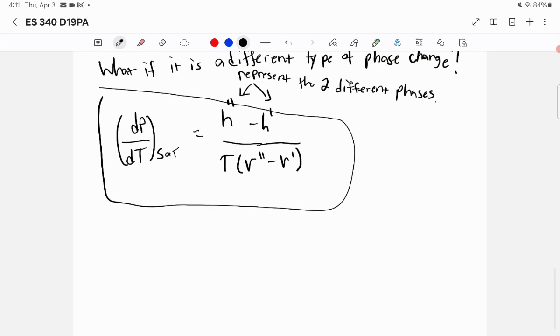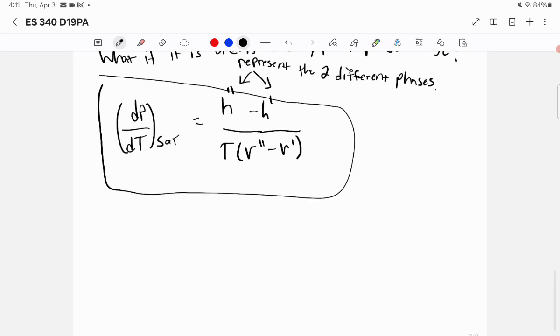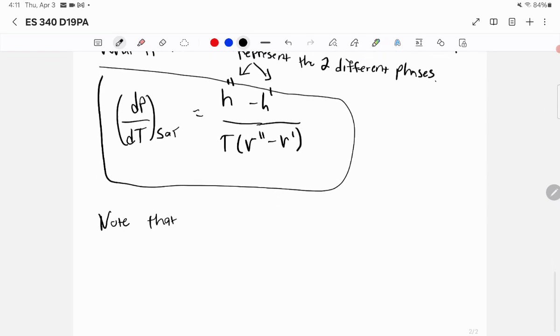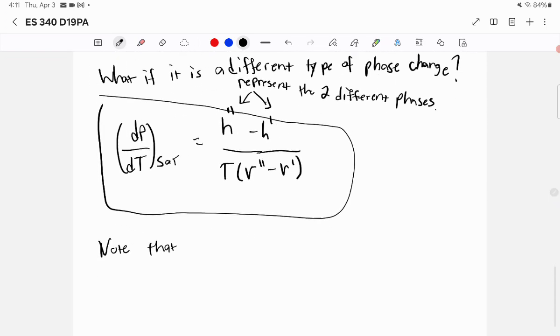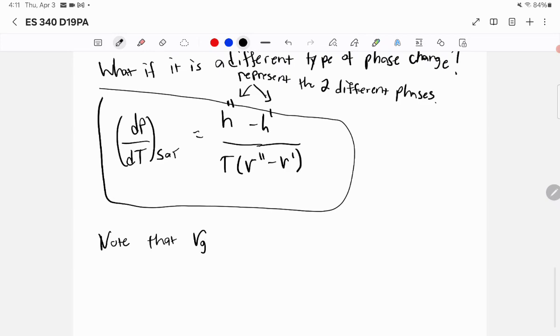In any case, you can note that, going back to the VG and VF case, VG is typically much, much bigger than VF. This is something that physicists generally like to do. We like to notice these kinds of things.